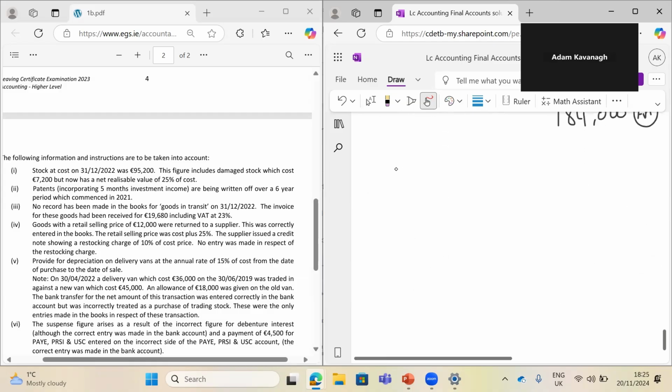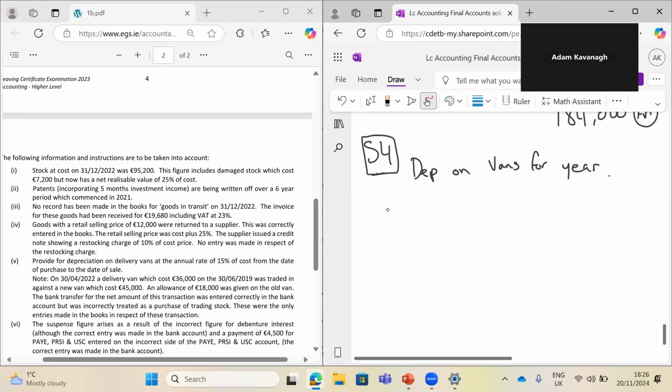Step number 4 is the depreciation on vans for the year. So to do this adjustment, this step, you need to look at when the van was traded in for a new one. That's the 30th of April.